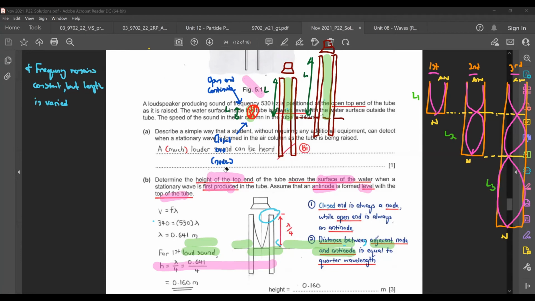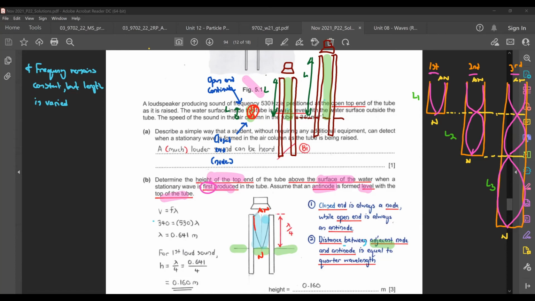So what you can basically do from here is try to visualize the formation of the first stationary wave. They already ask you to use the first stationary wave that is formed. If this is your water surface, your air column is this length here. Your first stationary wave that will be formed is one which has an antinode at the top, node at the bottom.